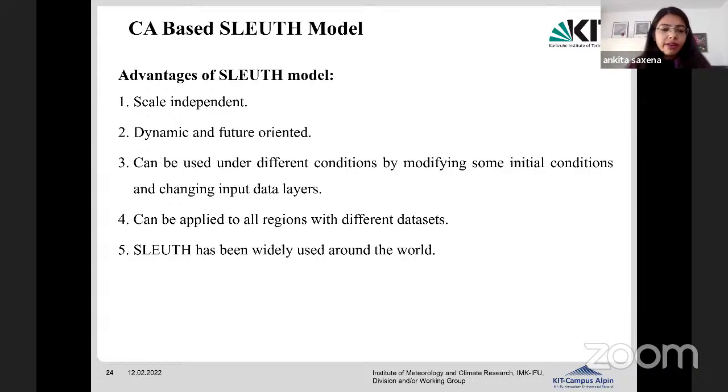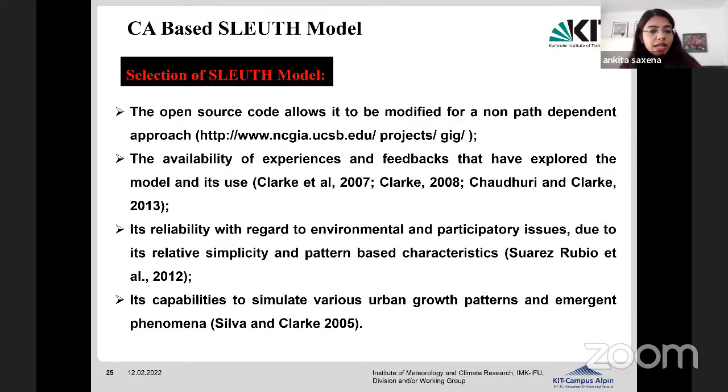It is an open source model which is available, written in the C programming language. It has its website, and you can create your data set and calibrate the model.